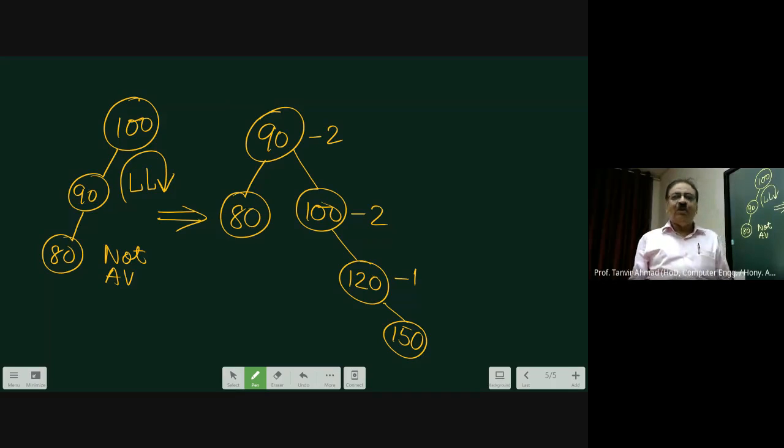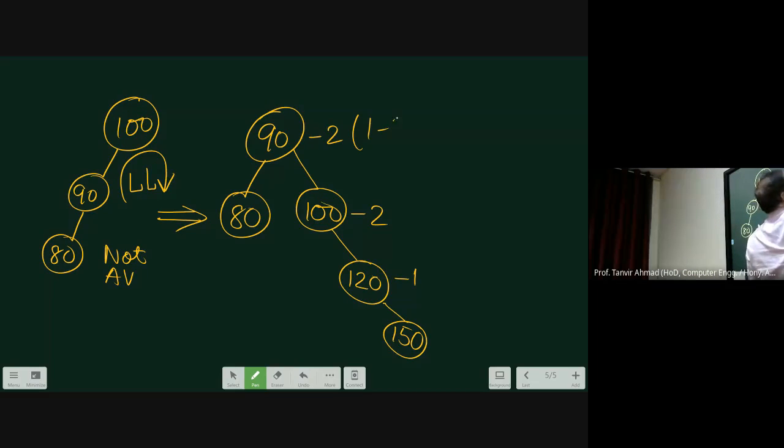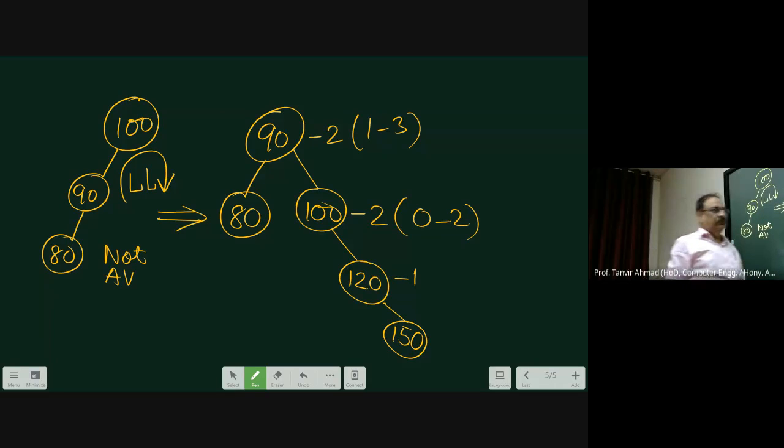Why? Because for 100 it is 0 minus 2. For 90 it is 1 minus 3. Therefore this has come because of 1 minus 3. This has come because 0 minus 2. This has come because of 0 minus 1. Correct? And now you will get this tree.